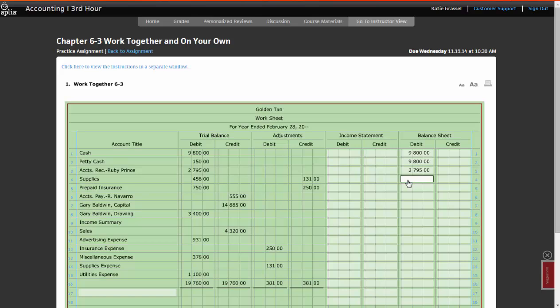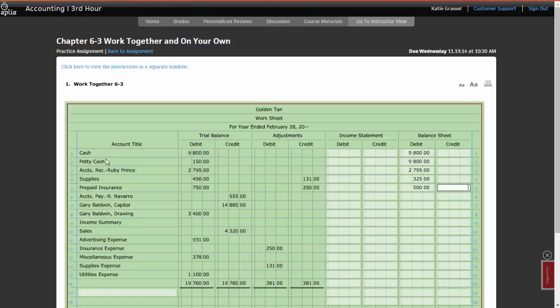So the difference is what goes over here on my balance sheet. And what is that difference? 325. I need to do the same thing for prepaid insurance. I cannot put 750 there because I have to take 750 and subtract 250. So I'm going to put 500 on the balance sheet column.